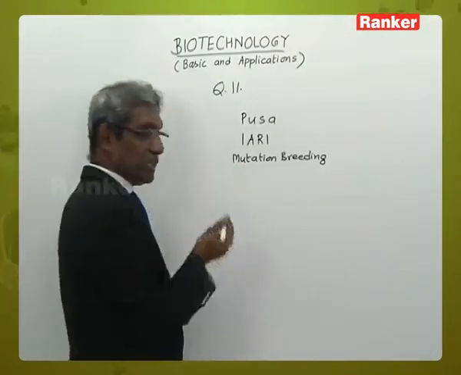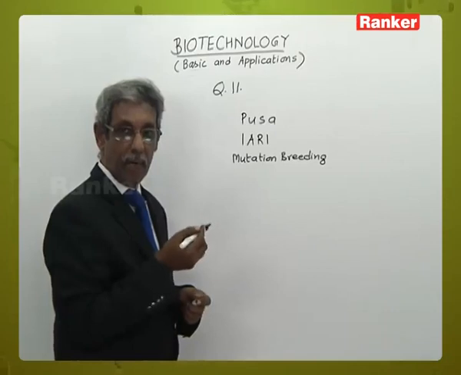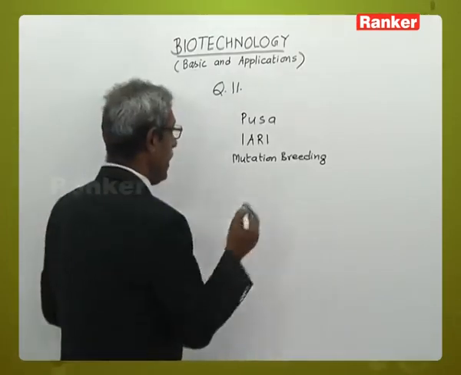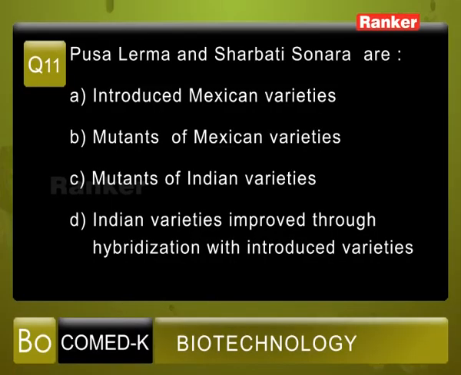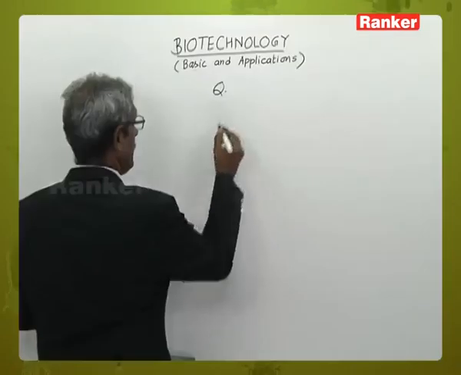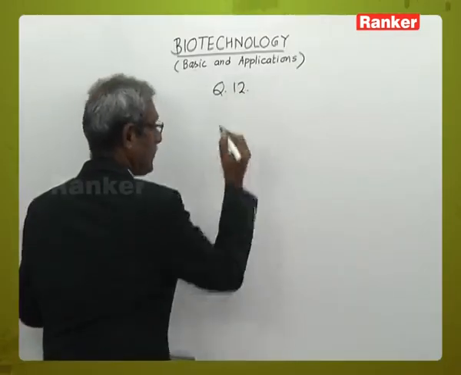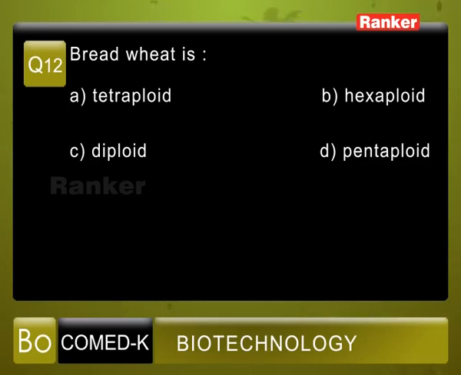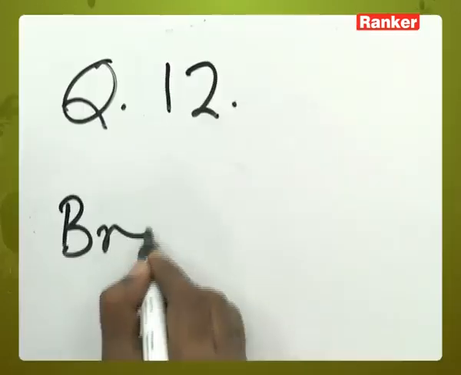Among the first varieties developed here, we have Pusa Lerma and Sharbati Sonora. So they predominantly are mutants of the Indian varieties. Hence, the answer is B. We go to question number 12. Bread wheat. Bread wheat is popularly termed hexaploid wheat.